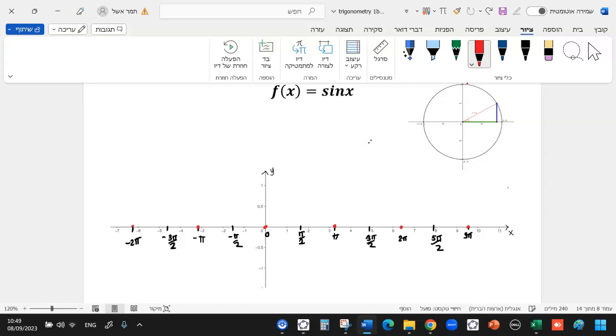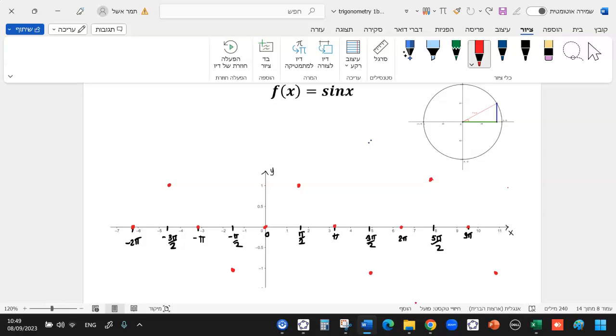And of course the negative, -pi and -2 pi. Let's add the points where sine x is at 1 or -1. So pi over 2 it's 1, 3 pi over 2 it's -1, 5 pi over 2 it's 1, 7 pi over 2 it's -1. Here minus pi over 2 it's -1, and then +1.